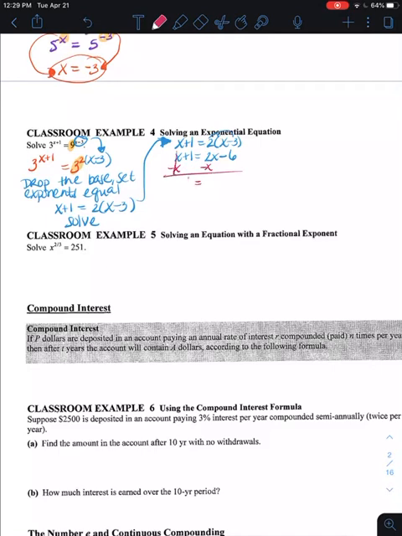On the left side, I still have that positive 1. 2x minus x is just x. Bring down my minus 6 behind this. Again, I want x by itself. To get rid of that minus 6, I'm going to have to add 6 to both sides. And so 1 plus 6 equals 7. So that is your value for x.